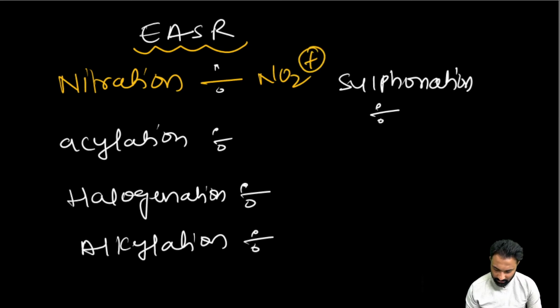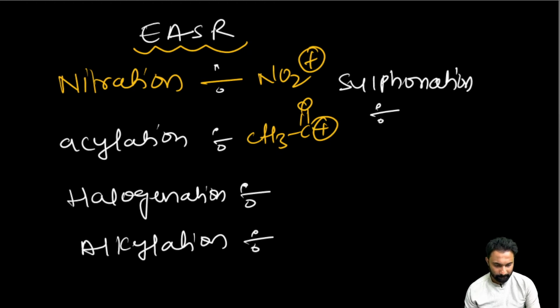Good. Next, for acylation, it is C double bond O plus. Next, halogenation: X plus.